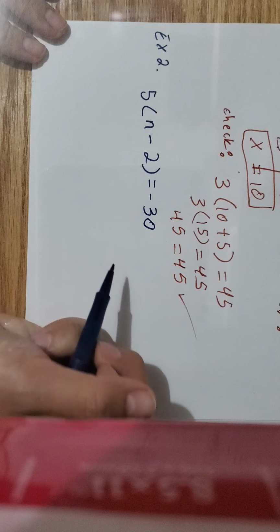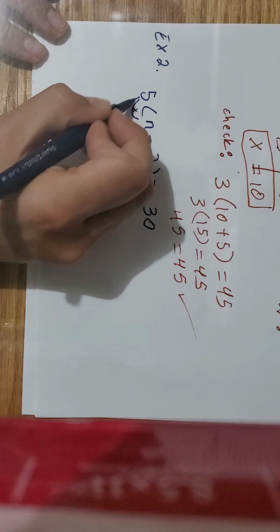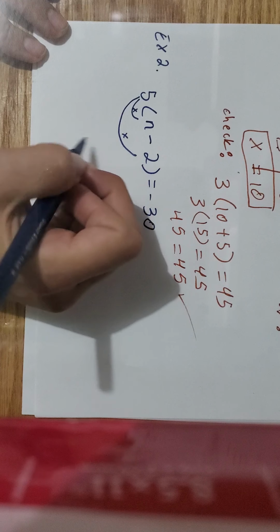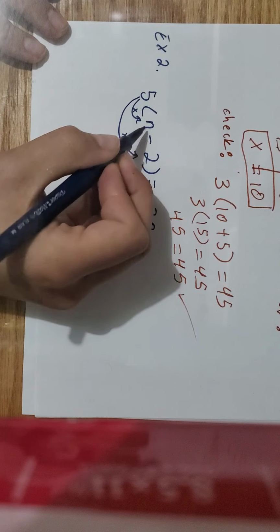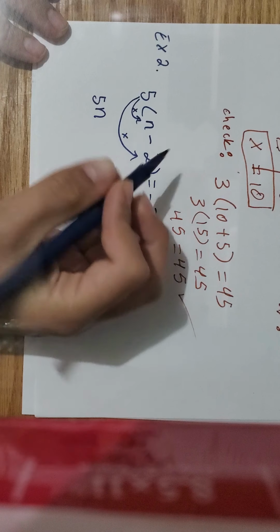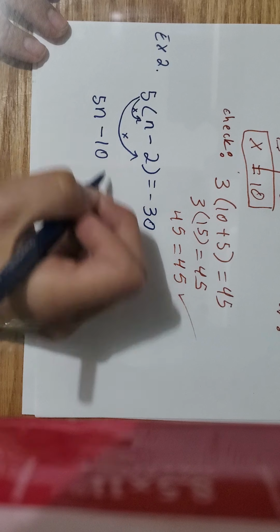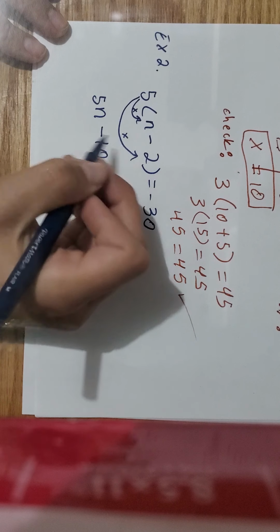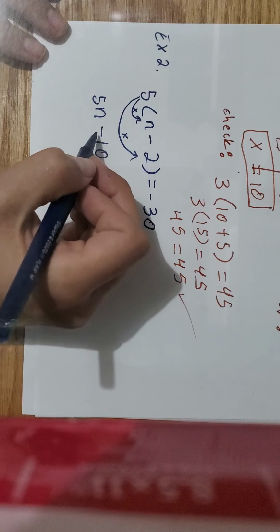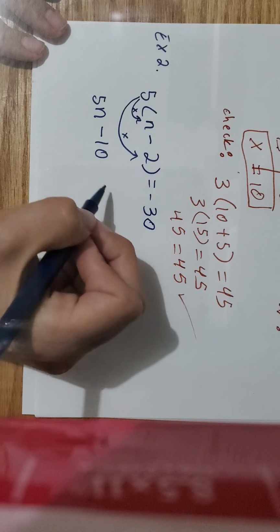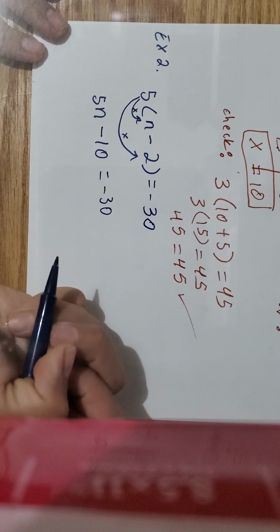So step 1, distributive property, 5 times n, and then 5 times negative 2. 5 times n is just 5n. 5 times negative 2 equals negative 10, right? Or you can just do 5 times 2 equals 10, and then because it's a subtraction, you just put the subtraction symbol. Okay, that just stays untouched.